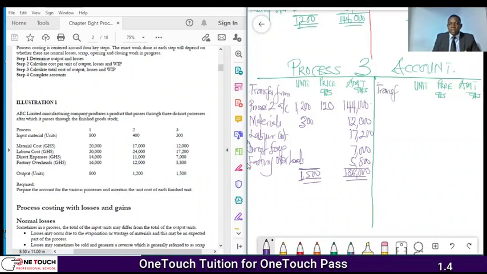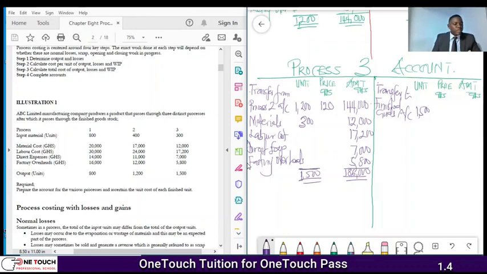So here we see transfer to finished goods account. And here the total completed units is what? 1,500 units. Now, what's the unit price of a unit? 186,000 divided by 1,500.